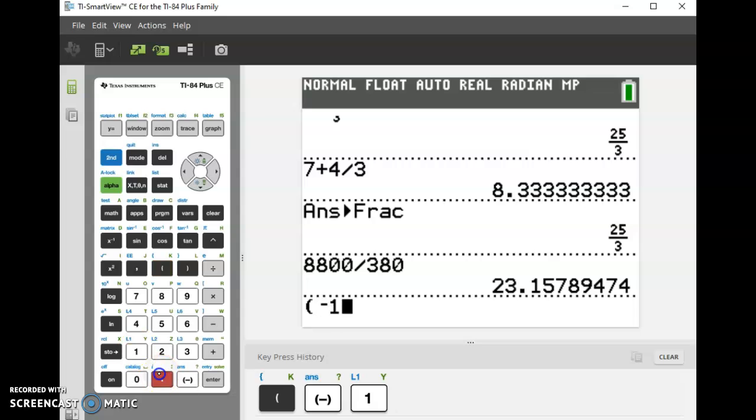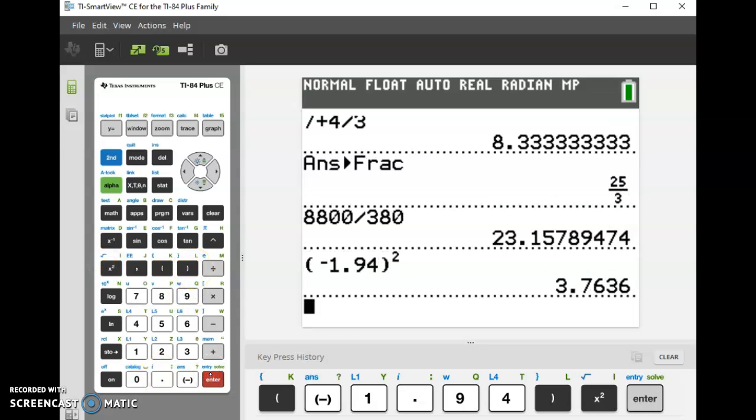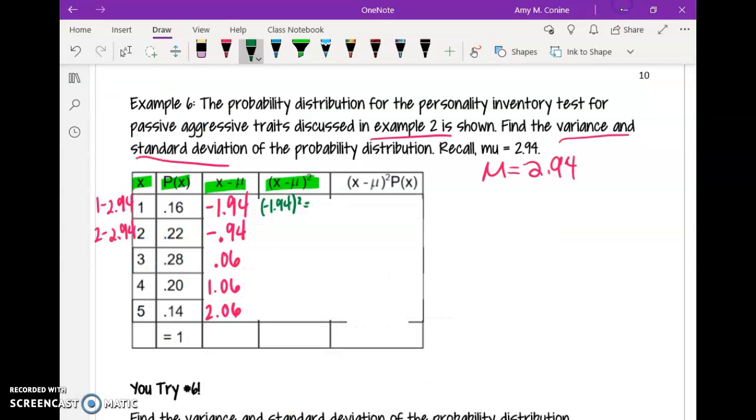Negative 1.94 in parentheses, we should get 3.7636. We're going to do that for all of the numbers in the third column. Okay, so here are the numbers that we should have. Whenever you're squaring a negative, you should have a positive number when you're done.